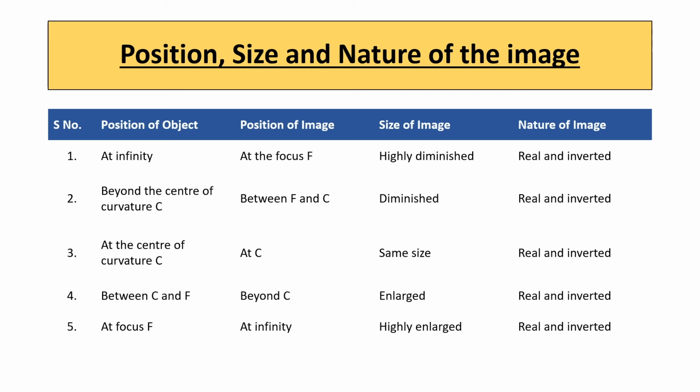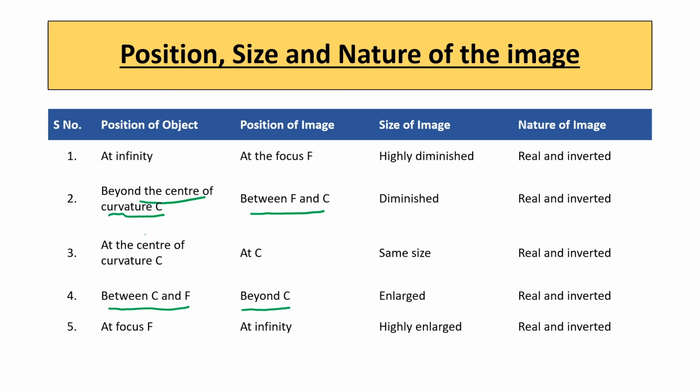When the object is kept beyond the center of curvature, the image is obtained between F and C. When the object is between C and F, you will get the image beyond C.